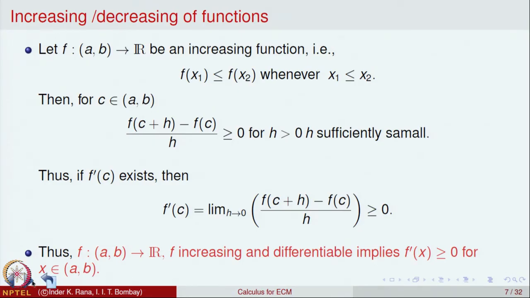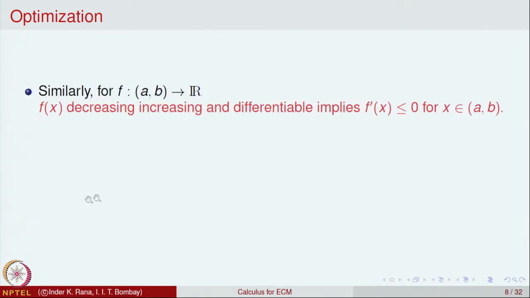A similar result will hold if f is decreasing. So, if it is decreasing, the ratio f of c plus h minus f of c divided by h will always be a non-positive quantity, less than or equal to 0. So, the limit has to be less than or equal to 0.